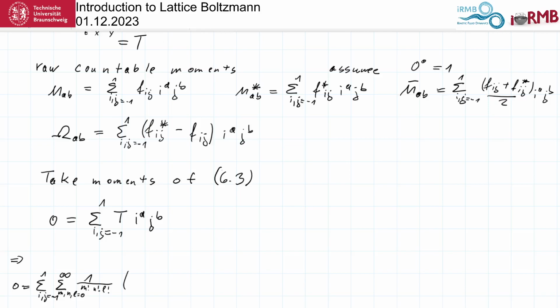Then we have again delta x to the power 1/2 n plus l, delta t to the power 1/2, and then all the derivatives, the mth derivative in time, the nth derivative in x, and the lth derivative in y.